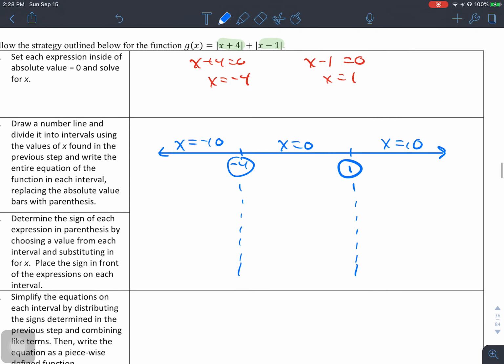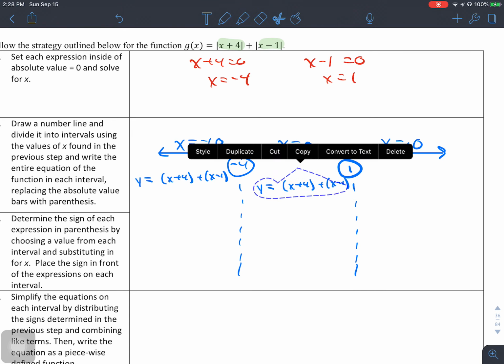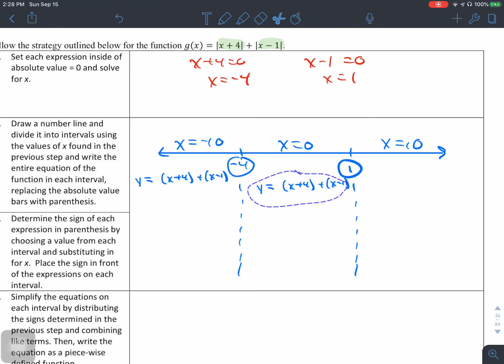Also part of step 2 is we're going to write the original function g of x. We're going to replace the absolute value bars with parentheses. We're going to do that in each of these intervals. It would have been quicker if I had just written it at this point instead of copying and pasting, but what are you going to do?